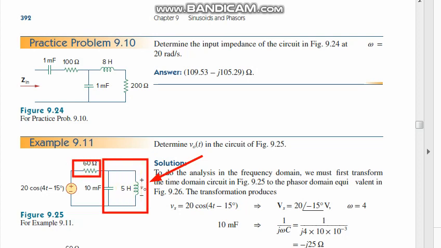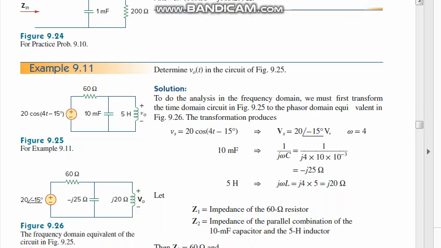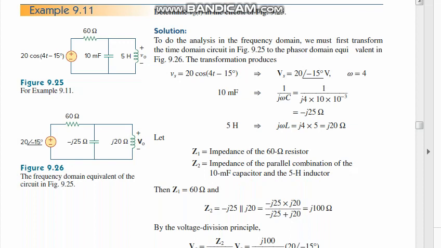If these two impedances are in series with each other, then you can get the solution of the resistances and impedances. And with the voltage division law, you can easily find out V naught.